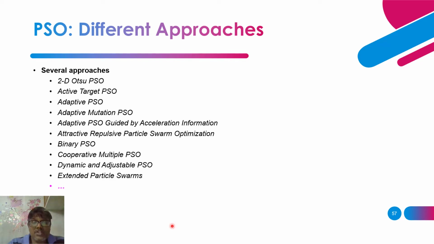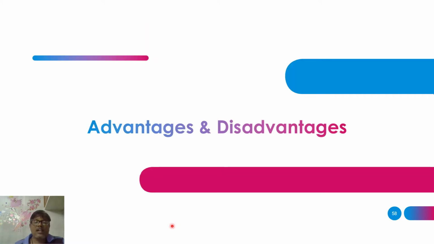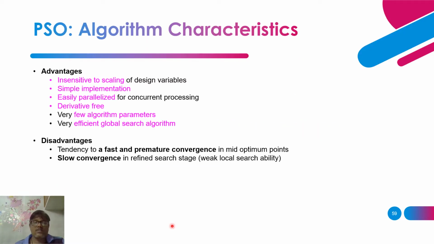And then in the last part, we'll see the advantages and disadvantages. The advantages, when you see, are the algorithm characteristics. It is insensitive to scaling of design variables and simple to implement. It can be easily parallelized for concurrent processing.